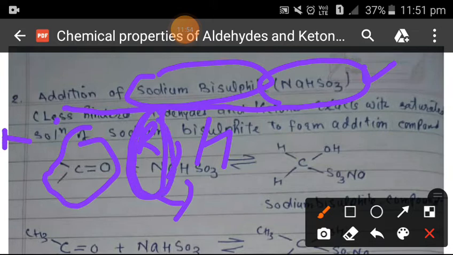The R group should not be very bulky, otherwise the reaction does not take place.